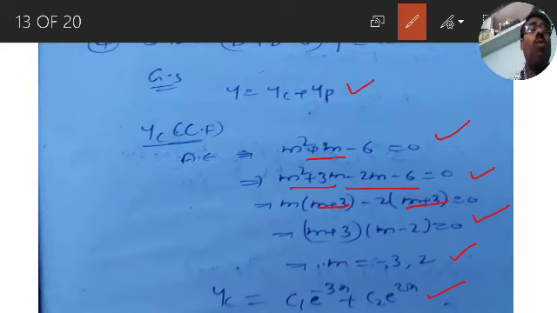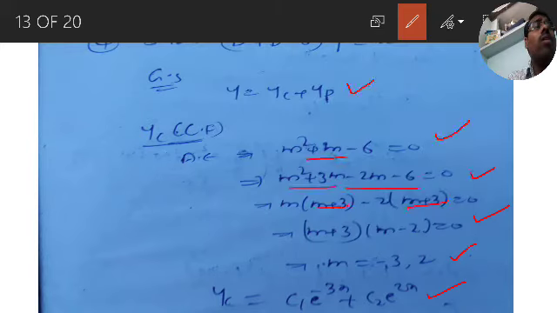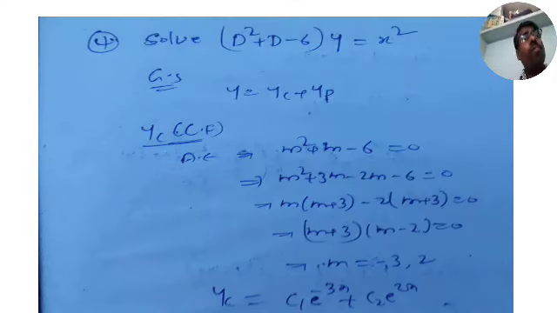So we got yc. The roots are real and different, so depending on the roots you can write the general solution. That is, you can write yc as c1 e power of minus 3x plus c2 e power of 2x. So this is yc, guys. Now let us move to the yp.